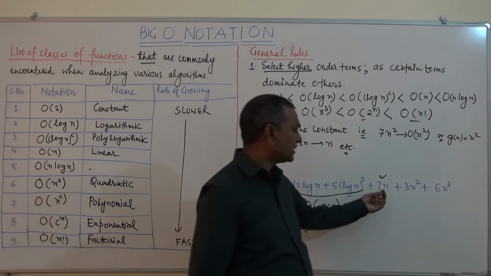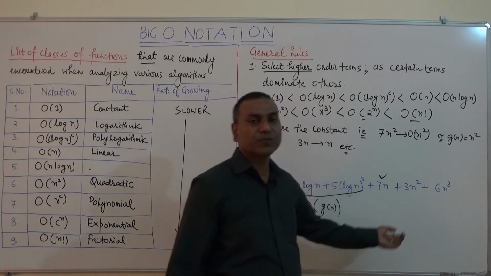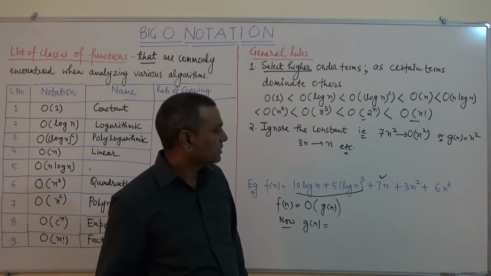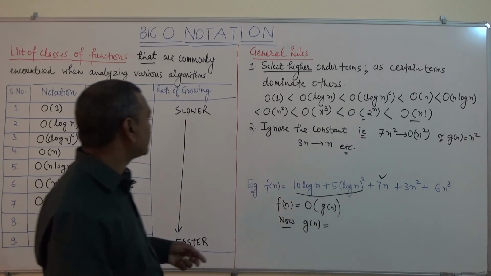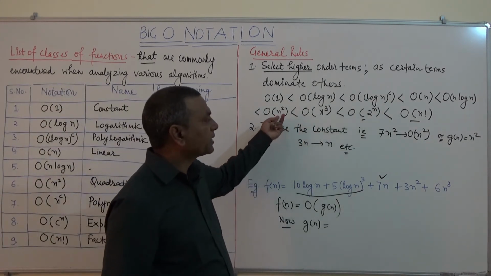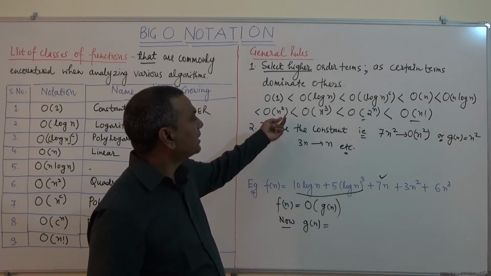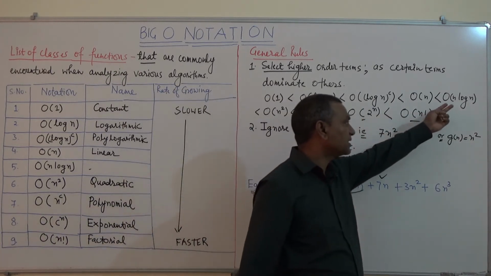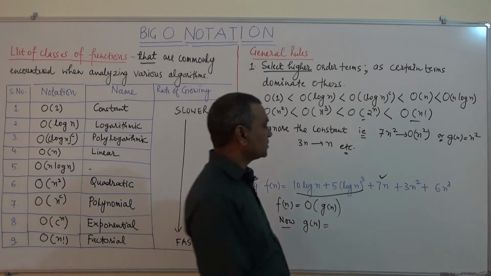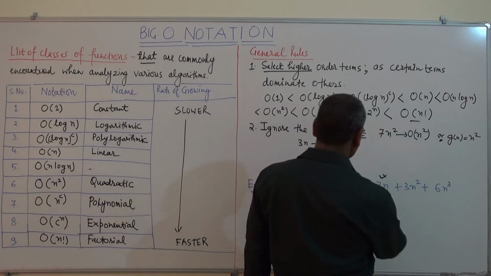And then we will compare 7n with 3n square. So obviously n square is a quadratic term, and quadratic we can say from the table as well as from here, has the higher order in comparison to this n. So we will not select this.